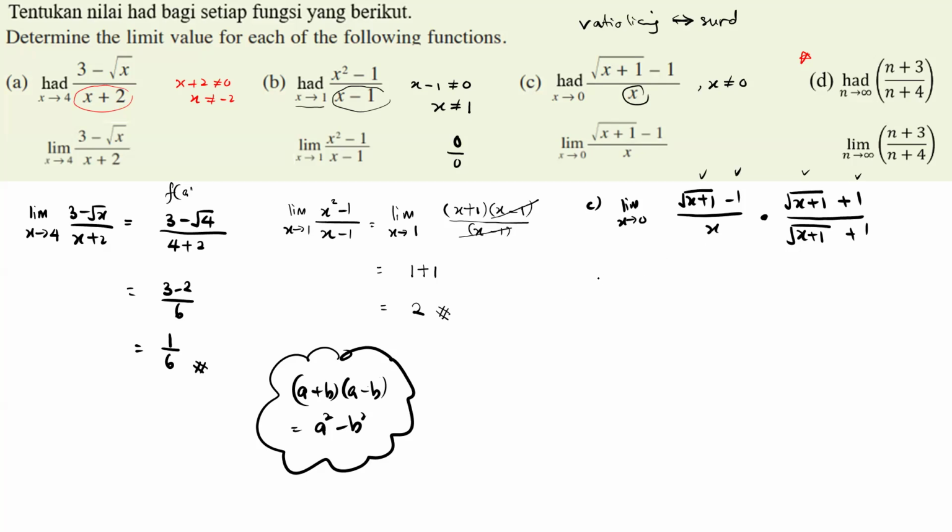So now we haven't substituted, so we just copy the limit notation. Then over here we shall have square root of x plus 1 squared minus 1 squared. What about the bottom part? Well, just put it like this.